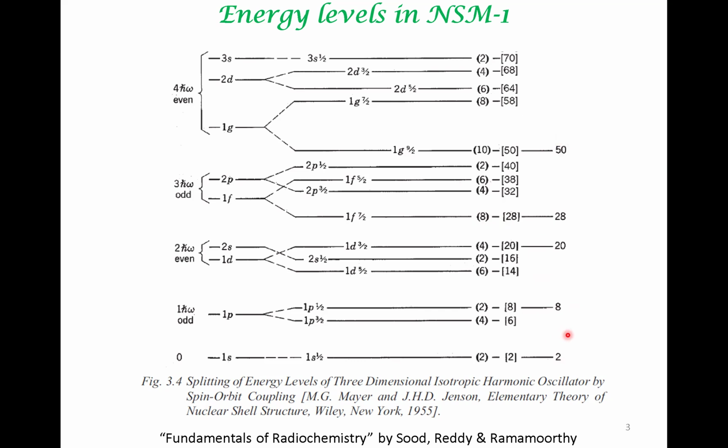When you say magic cluster, you are talking about certain closed filled shells, which are much more stable than the next highest level. That is brought out by the nuclear shell model along with the coupling between L and S to give the J quantum number. All these things have to be brought together to explain this.